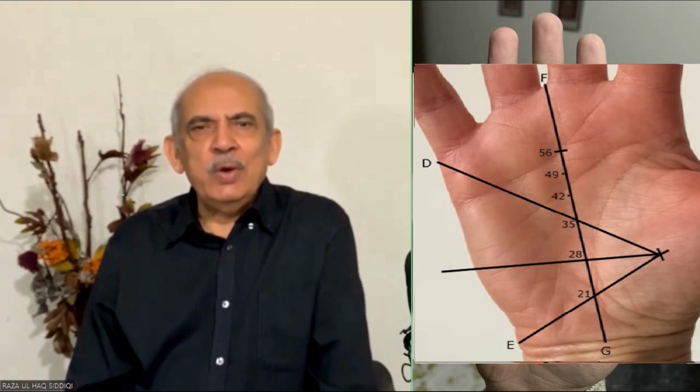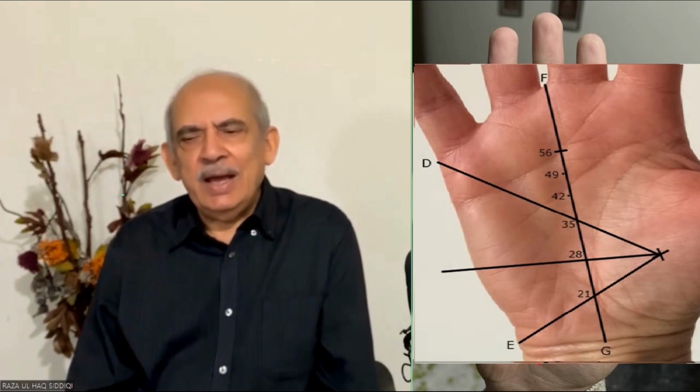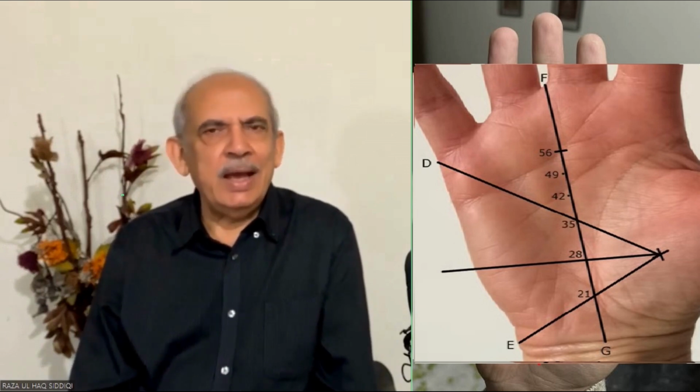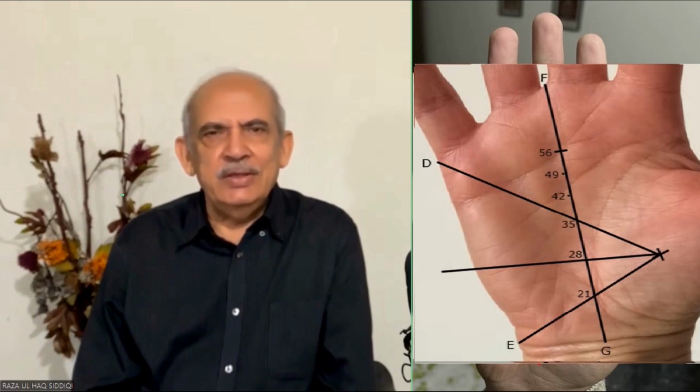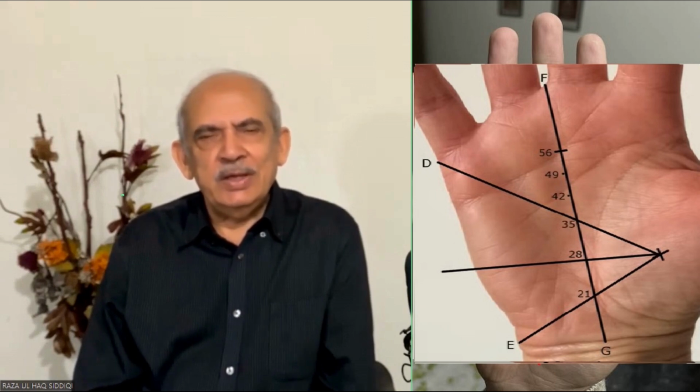And this point will be point G, and we can draw a line between F and G. This vertical line is going to cross the three lines of the angle that we drew before, and the ages will be 21, 28, and 35. Now, the same line is going to cross the heart line at the age of 56. And again, you can put in between the ages of 42 and 49.